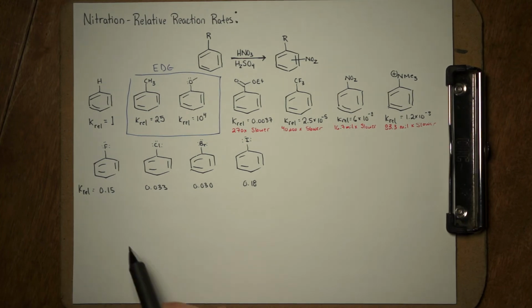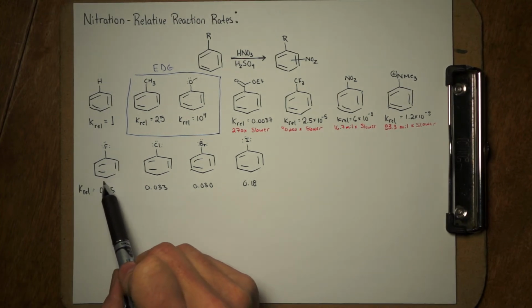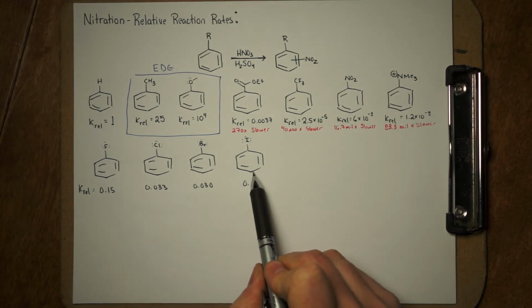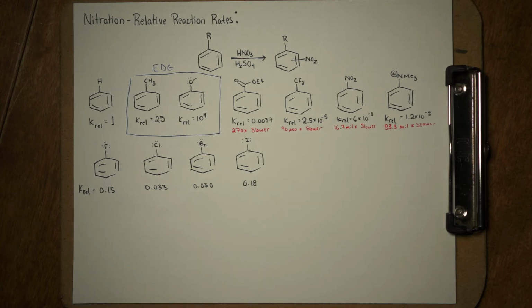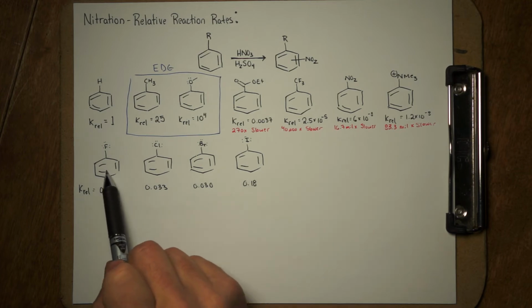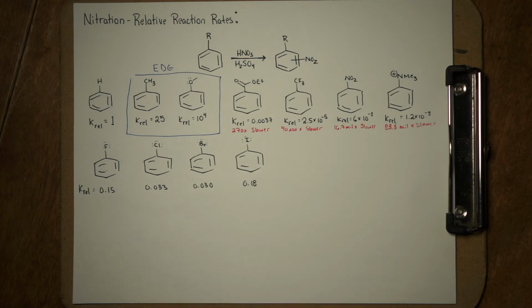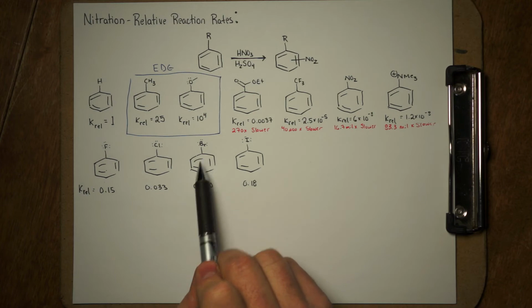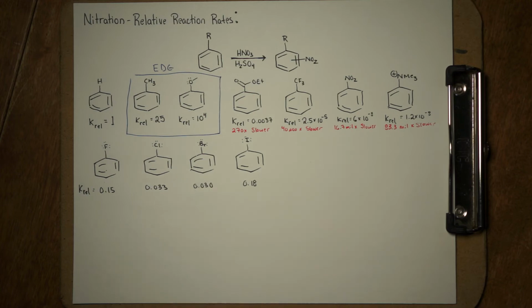Right, so this is kind of an interesting trend where the aryl fluoride and the aryl iodide are going to be the most reactive of these four. All right, all of them are less reactive than benzene, but of these four, the aromatic fluoride and the aromatic iodide are going to be the most reactive. And then the chloride and the bromide are going to be the least reactive.